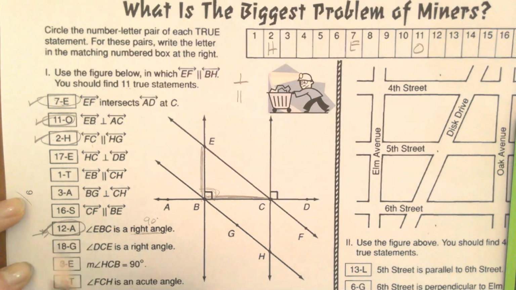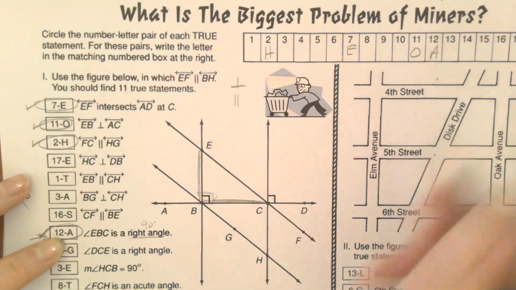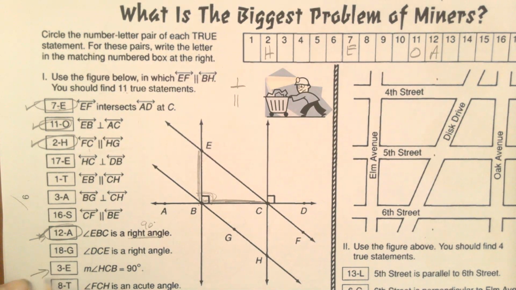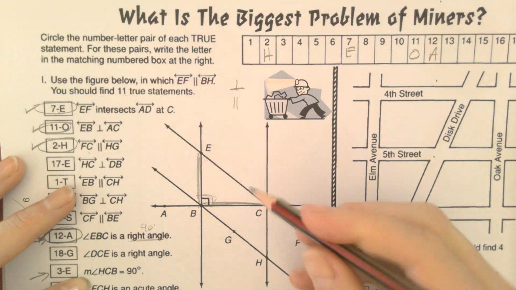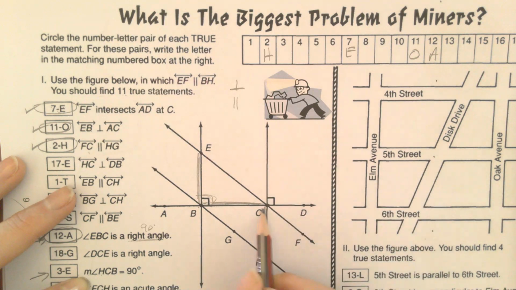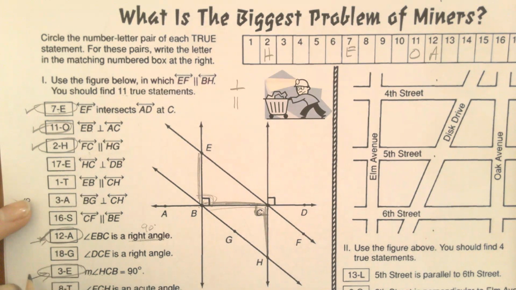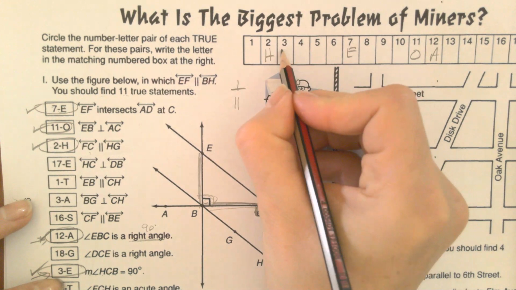So that's true. 12 is A. Let's do the next one. The measurement of angle HCB. Where's HCB? This one here. Is it 90 degrees? Yep. That's 90 degrees. So that's true. So 3 is E.